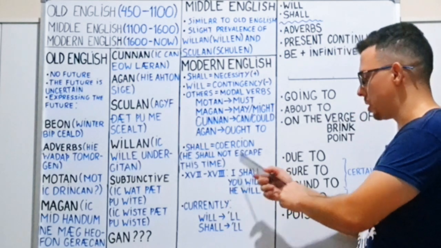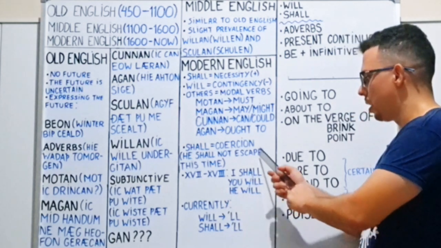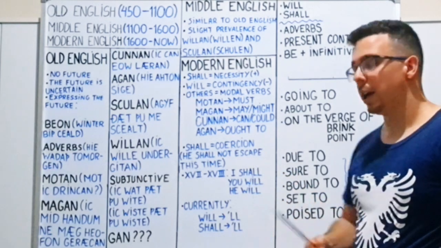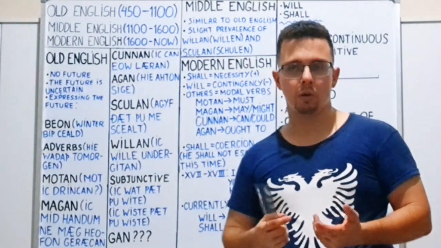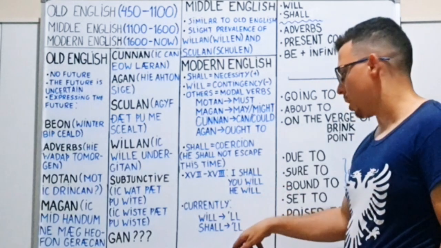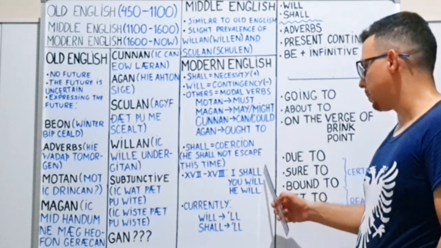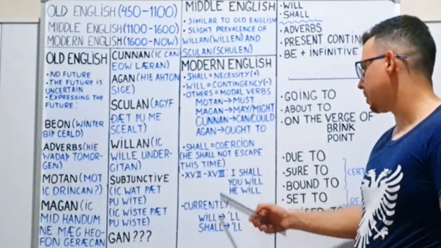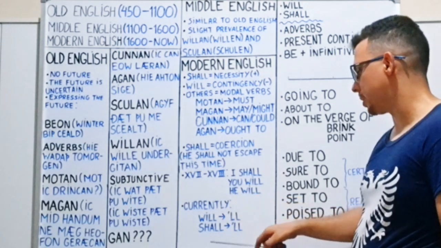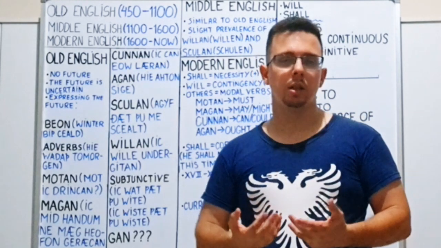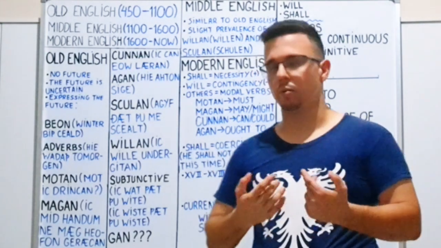So shall was reduced to the function of the first person, and that's first person singular, and also first person plural, so we shall, right? And with that, shall lost its place with the second person and the third person. So as we can see, there was a tendency of making shall weaker, right?